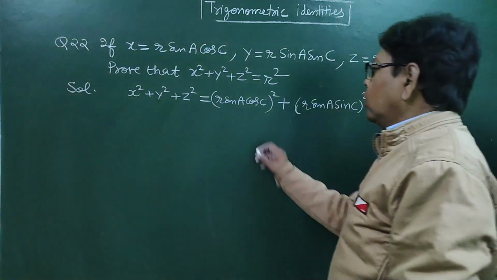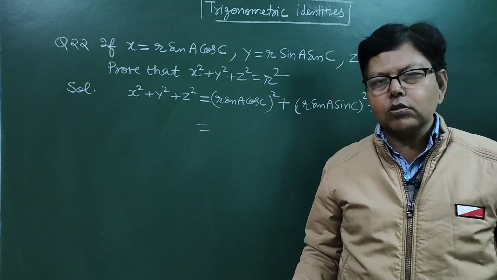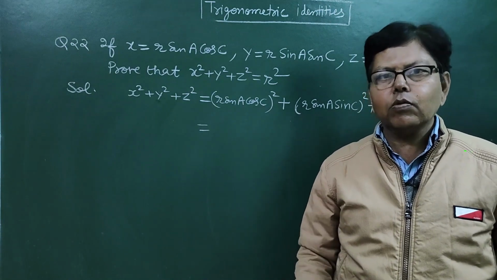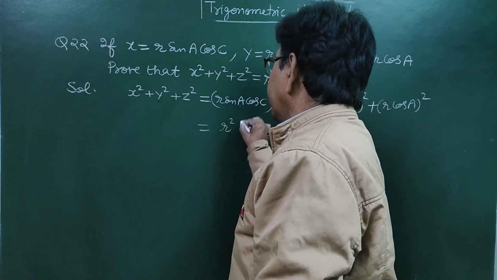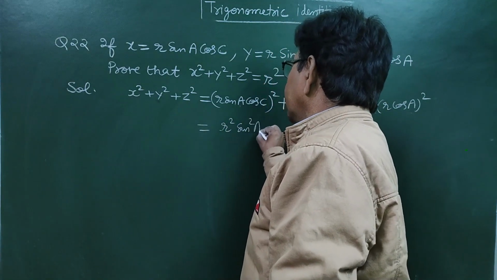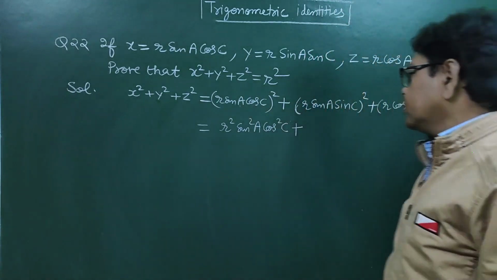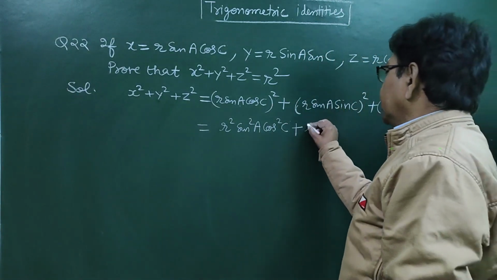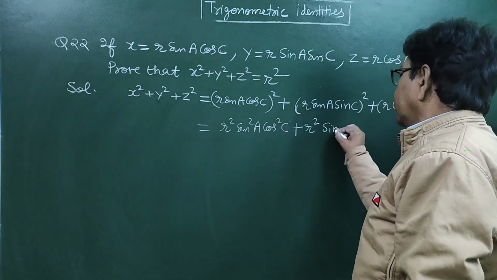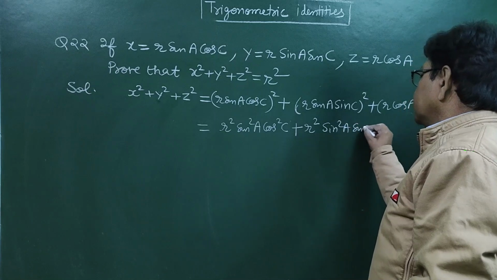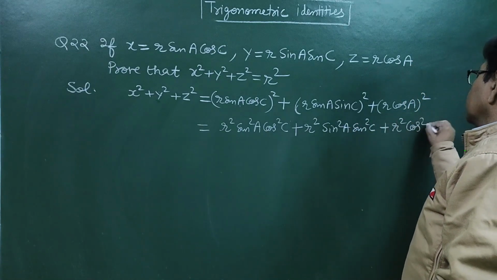And you know, (a into b into c) square is a square into b square into c square. So this is r square, square of sin a is sin square a, square of cos c is cos square c, plus in the same way r square sin square a sin square c, plus r square cos square a.